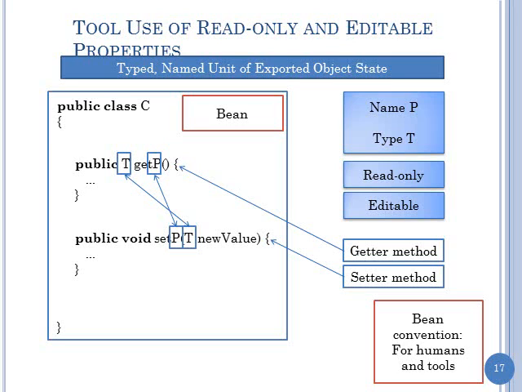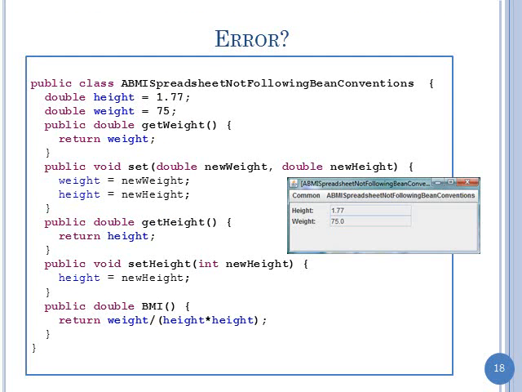Okay? So as I said, these conventions are for humans and tools. Most people motivate them as conventions for humans. But in fact, the Bean philosophy was created by Java for tools. They had something else called the Bean Builder that used it for a tool. And here we are just using it in another way, but with the same rules. And the question is, you may not follow the rules properly. You may be doing what you think is reasonable and what probably is reasonable.